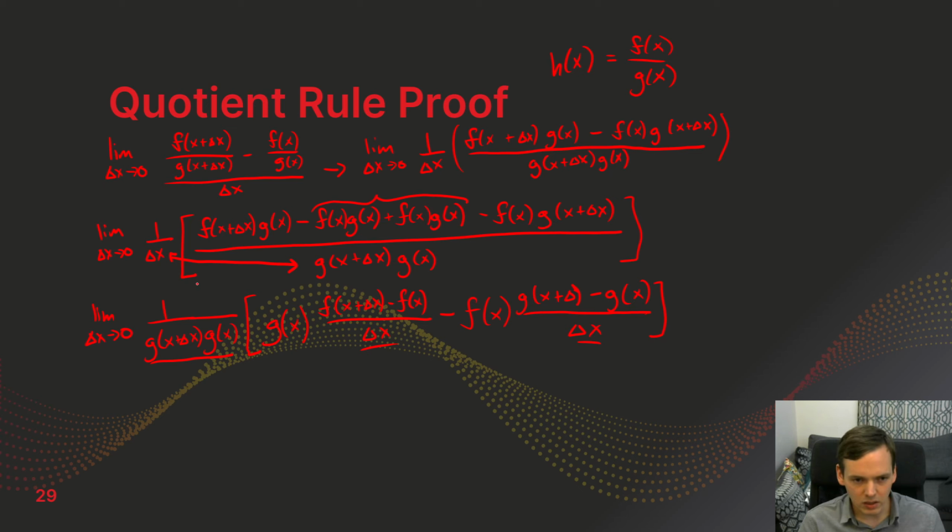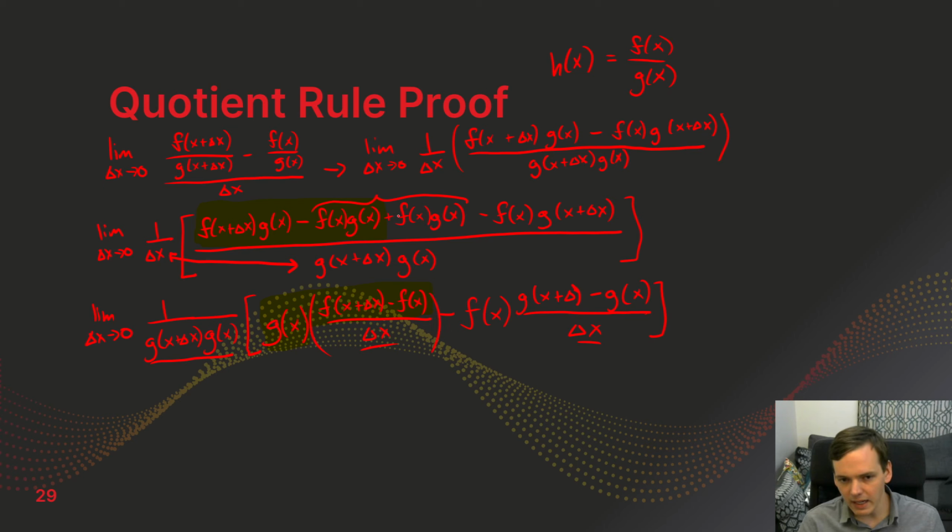Then I took these first two terms here and I factored out the g of x. So that left me with f of x plus delta x minus f of x in the numerator and the g of x out front.